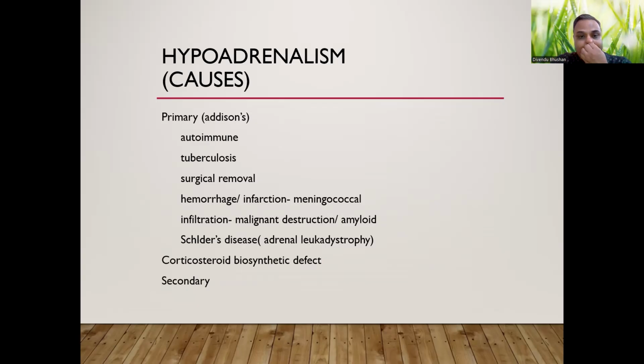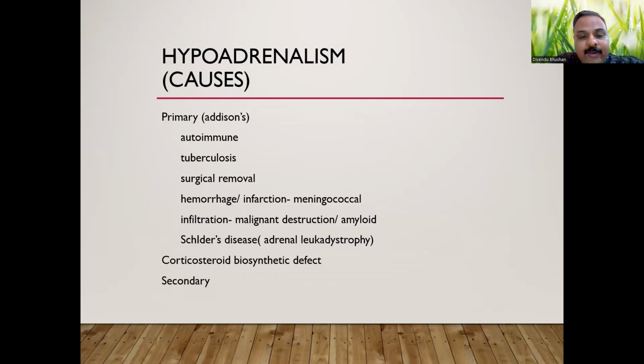So causes of hypoadrenalism. Primary, that is the gland itself is destroyed, like by autoimmune diseases, tuberculosis, surgical removal, hemorrhage, infarction, especially by meningococcal infection, infiltration, or Schilder's disease like adrenoleukodystrophy.